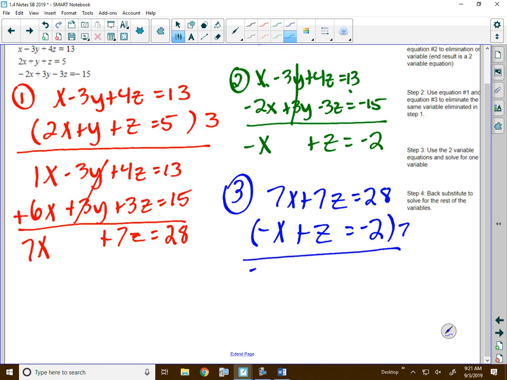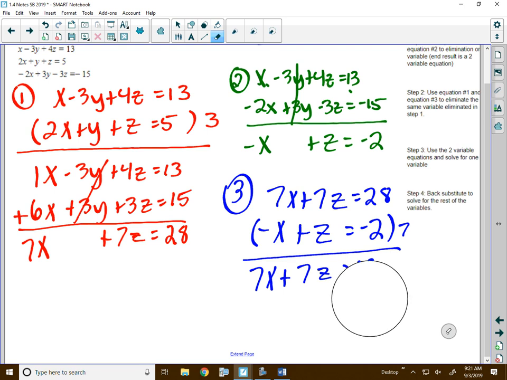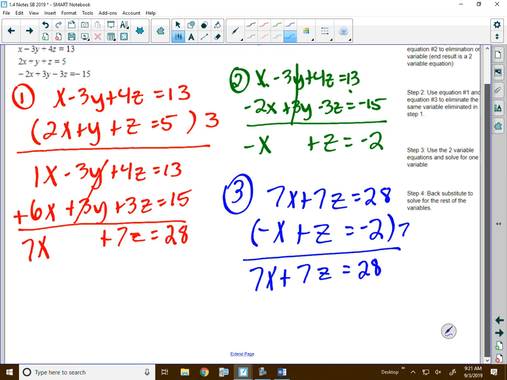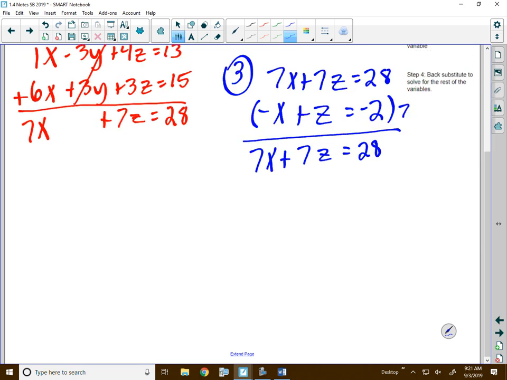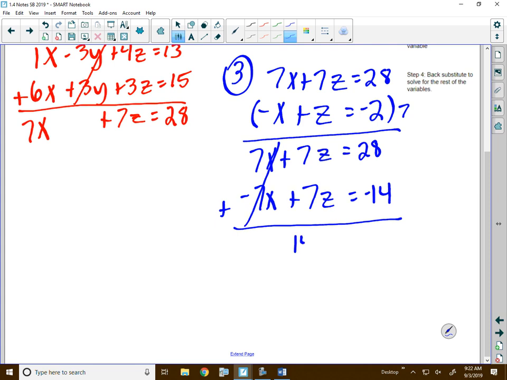So keep that top row and then multiply your bottom row by 7. Once you have that, you can add down.